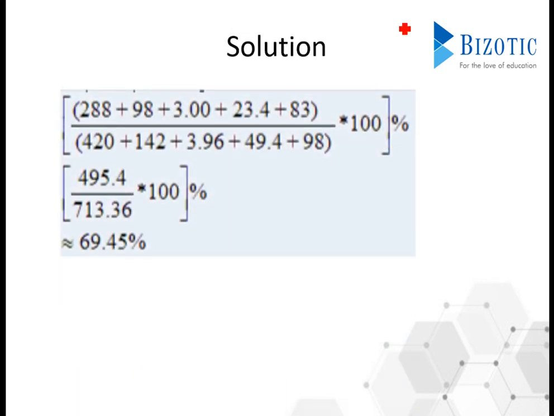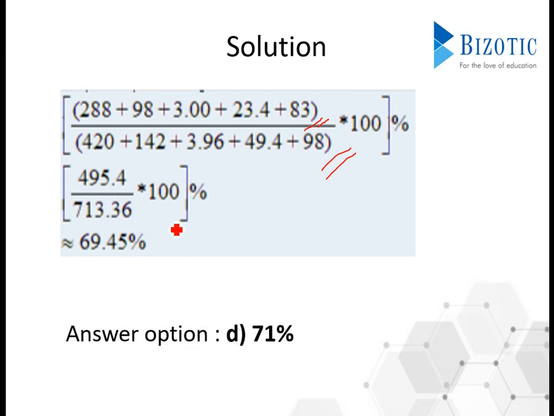So let's look into the solution part. The same thing I told you: add everything in the 1998 row, divide by everything in the 2002 row, and multiply by 100% to give you the percentage. The percentage will be 69.45, but when you approximate it to the closest option, the answer is option D, 71%. So the questions in DI will be very easy once you understand the given data.